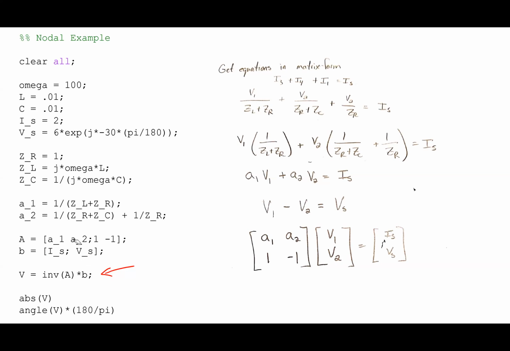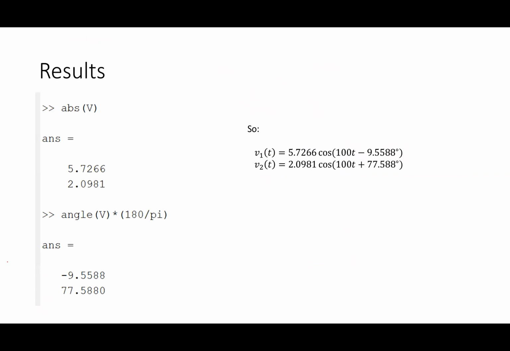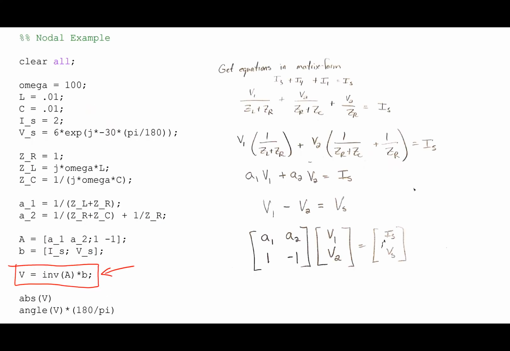Those are complex now because I'm doing phasors. I use abs to get the magnitude, and angle multiplied by 180 over pi to get degrees. So V1 in the time domain is that, and V2 in the time domain is that. Same frequency, but different phases and different amplitudes. That's the basic idea.